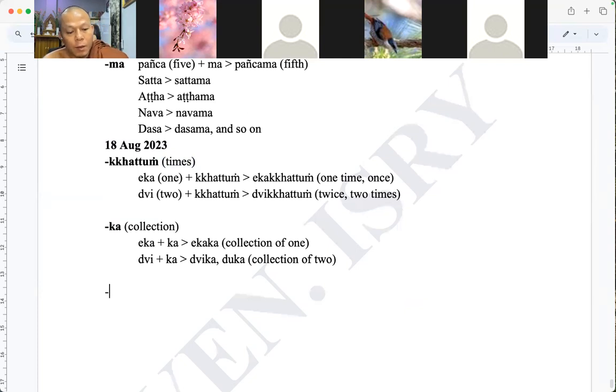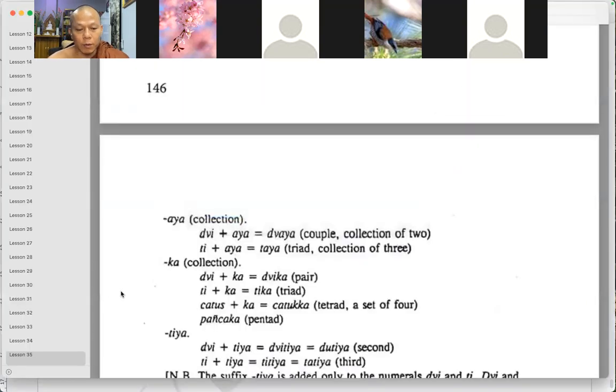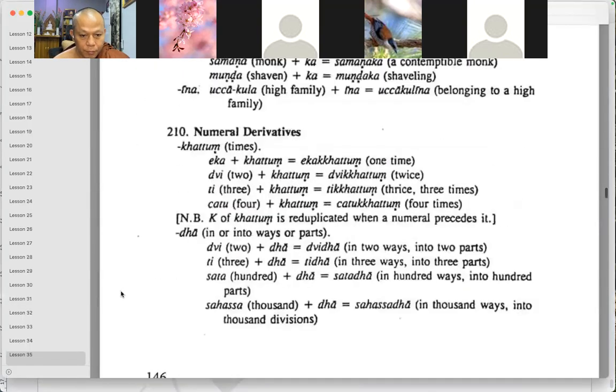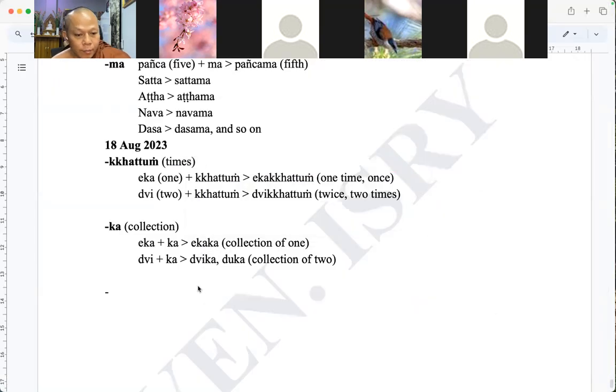And then another suffix is dha. So actually dha means parts or ways, or maybe food also.